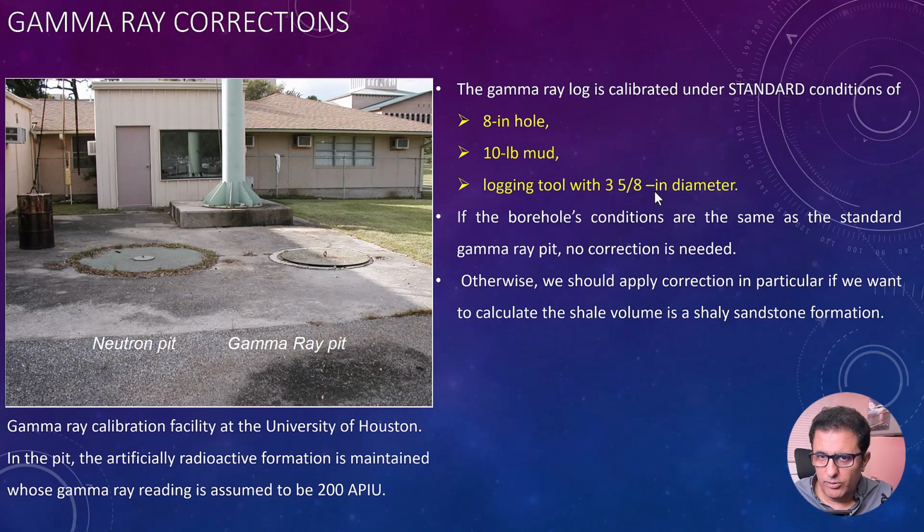So what you see here are the standard conditions that are used to calibrate gamma ray logs. There are two pits, one of them for neutron and the other for gamma ray. Within this pit, there is an artificial formation. And these are the standard conditions under which we calibrate logging tools.